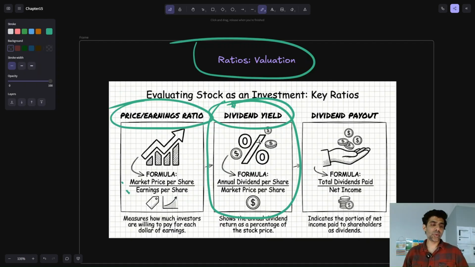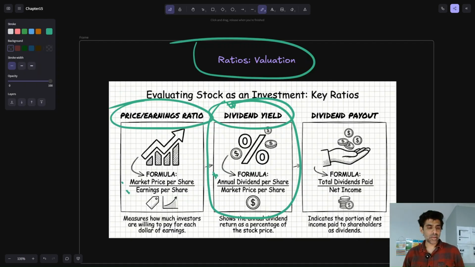So dividend yield is a potentially useful measure as a way of valuing the stock. But for now, business valuation is a whole other, more advanced topic. I think just know the formula for dividend yield.